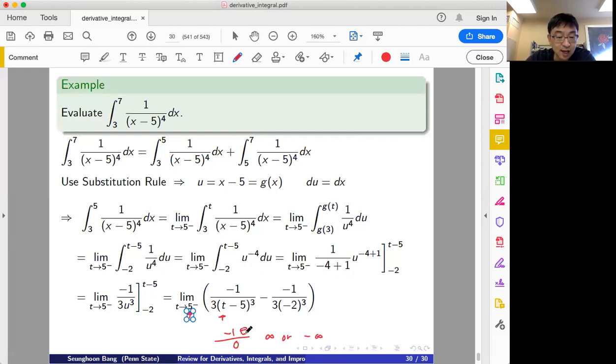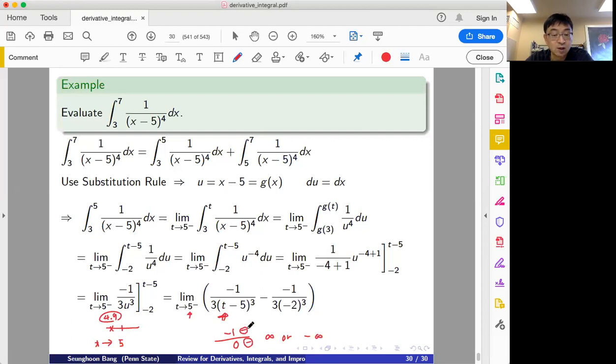The t value approaches 5 from the left, so I can choose test number 4.9. You plug 4.9 into here: 4.9 minus 5 is minus 0.1. Minus 0.1 cubed is a negative number, so the bottom one is also negative.